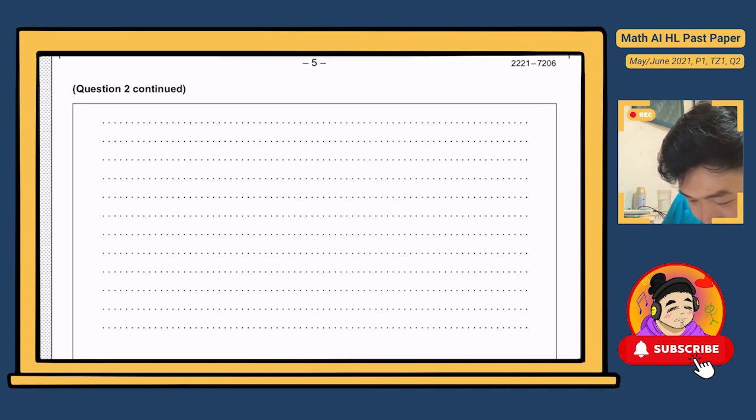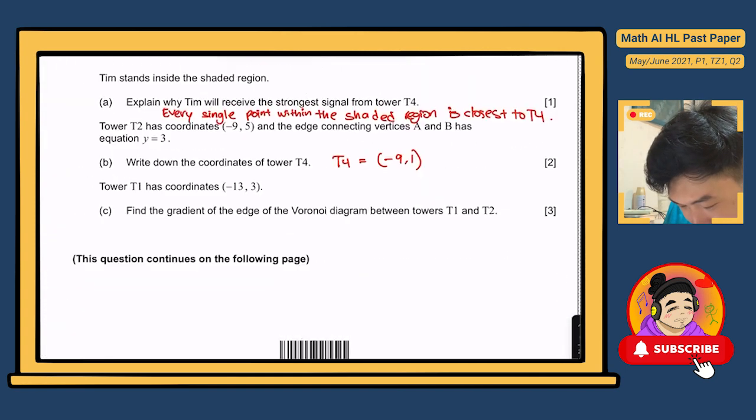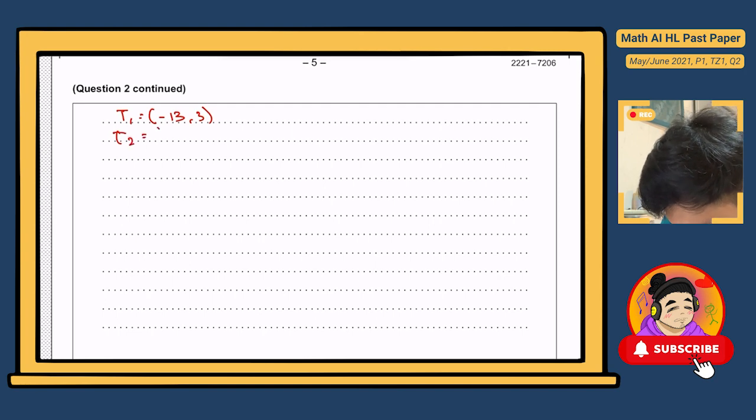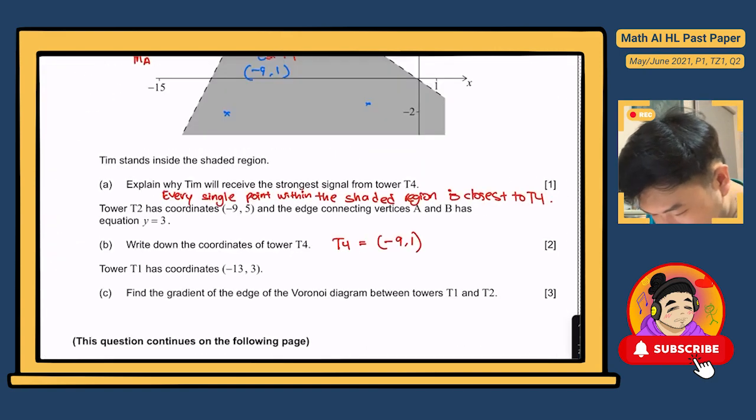Let's first write down our coordinates. T1 is (-13, 3), while T2 is (-9, 5). I'm pretty sure it's (-9, 5), right?